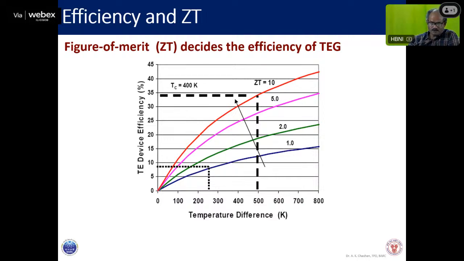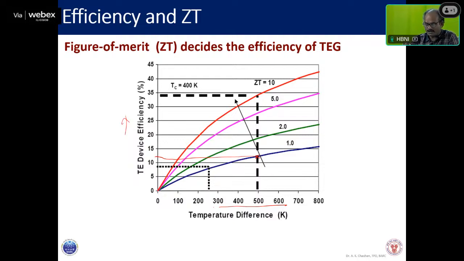Now if we try to see a plot of temperature difference versus device efficiency for different ZT values. If my ZT value is 1, and the temperature difference across the two ends is 500 degrees centigrade, then I will get nearly 10% efficiency.